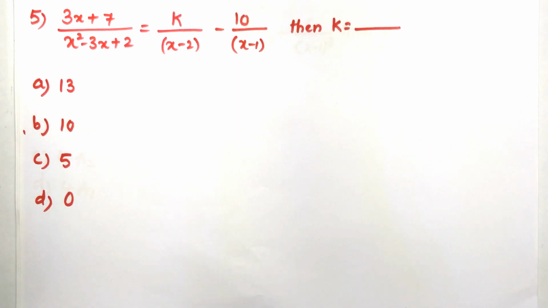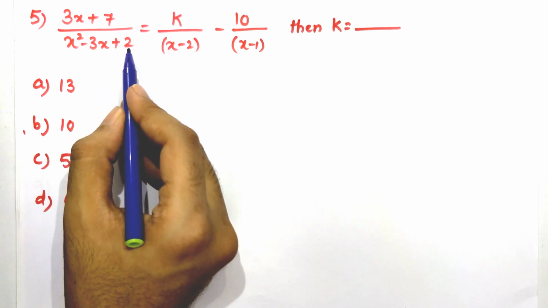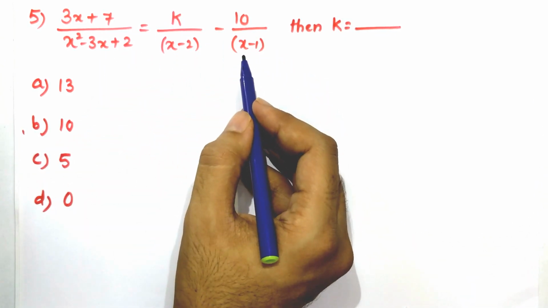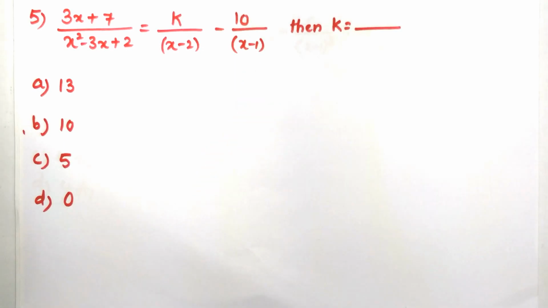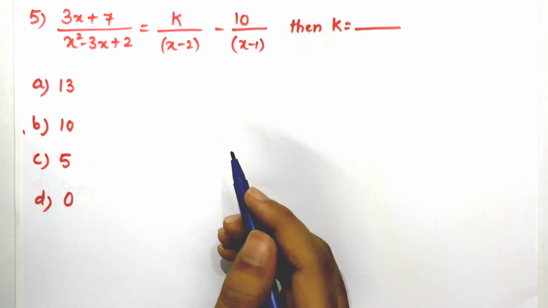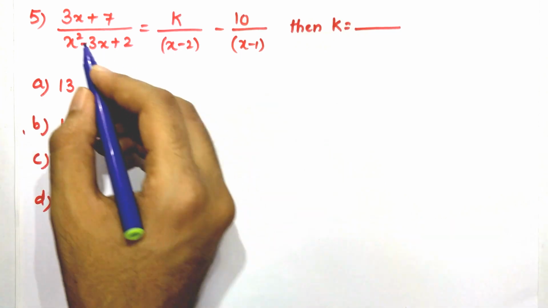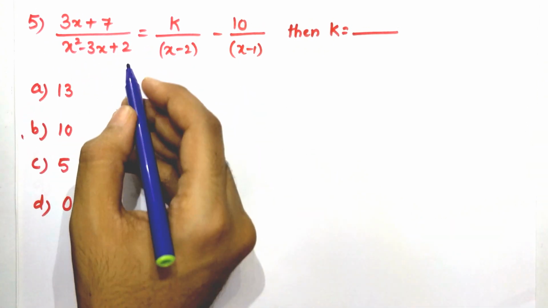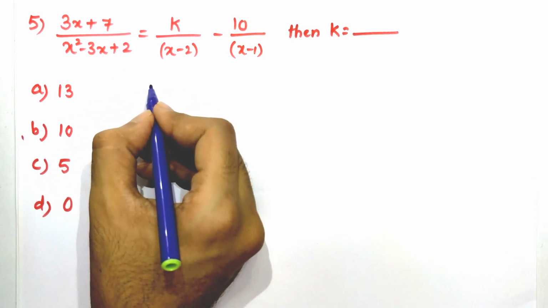Now the next question is: 3x plus 7 by (x square minus 3x plus 2) is equal to k by (x minus 2) minus 10 by (x minus 1). Okay. You can solve this in two ways easily. The easiest method is to just take the value of x as 0.